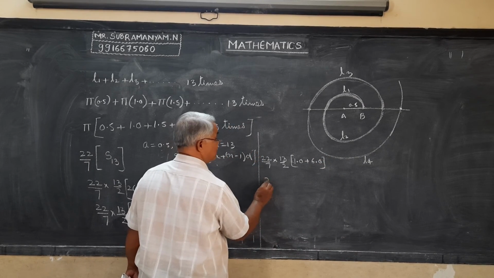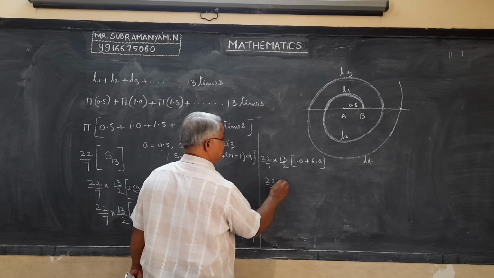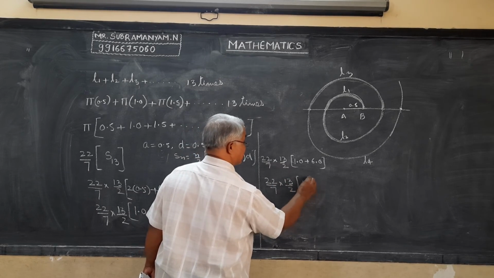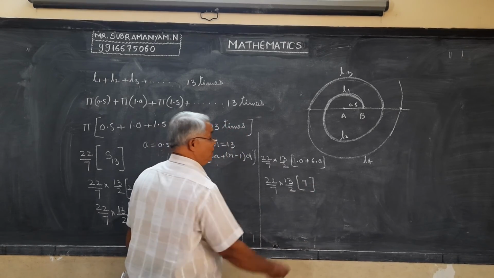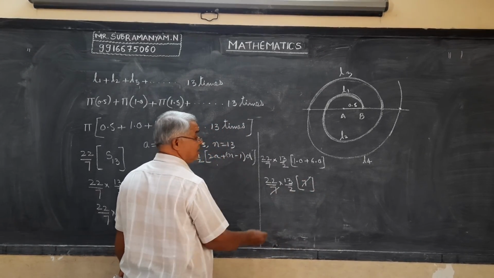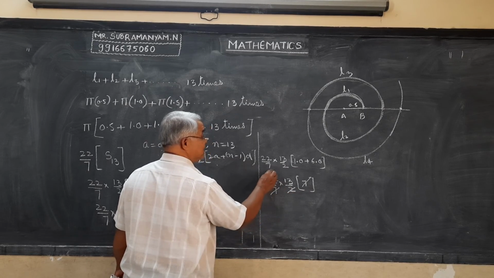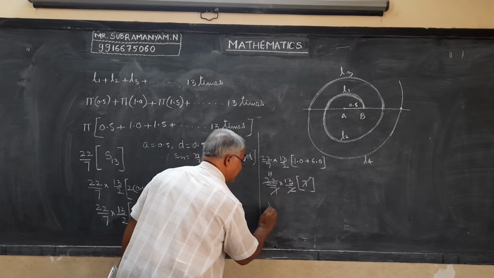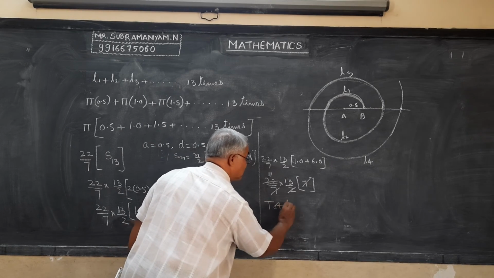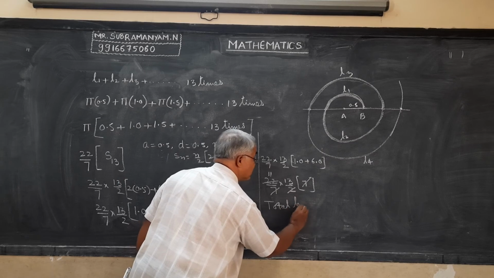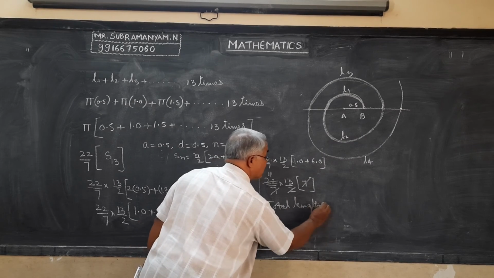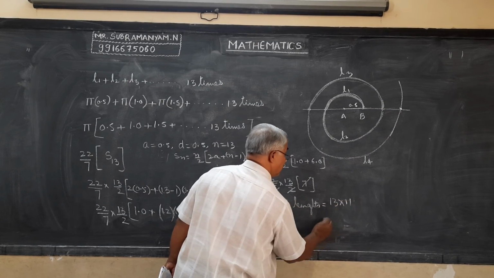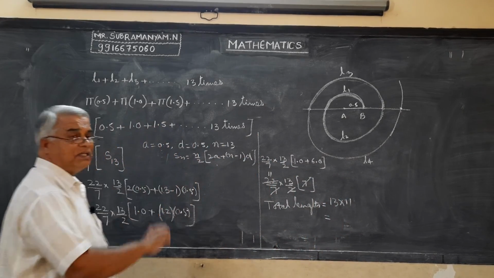We add these two. 22 by 7 into 13 by 2 into 7. Now 7 and 7 will cancel. 2 ones are 2, 2 elevens are 22. So the total length equals 13 multiplied by 11. Multiply 13 with 11.